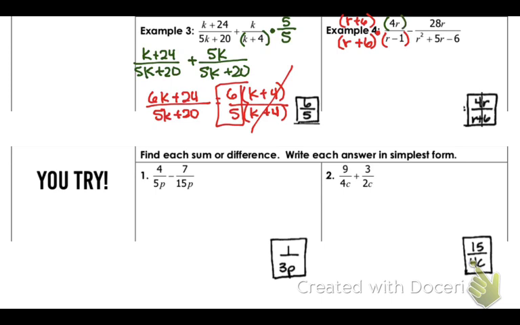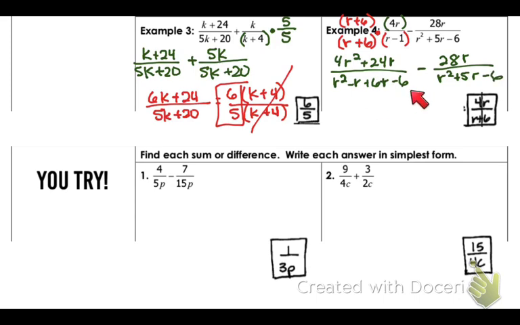So multiply everything. So r times 4r will give you 4r squared. And then 6 times 4r will be positive 24r. Then at the bottom we're going to have r squared minus r plus 6r minus 6 minus 28r, r squared plus 5r minus 6.